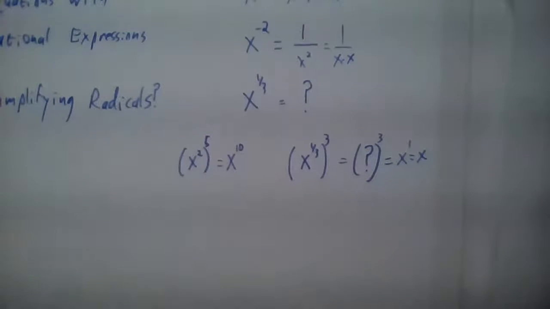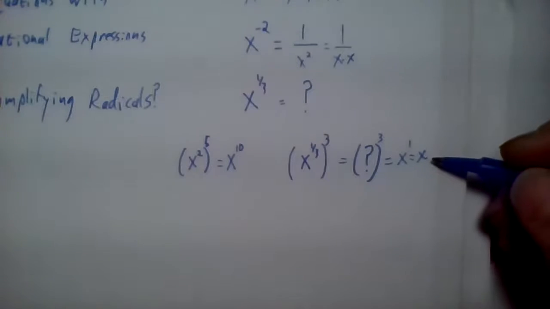So I want you to think about the question mark right there and the properties that are going on. Whatever that question mark is, when I cube it, it comes out to x.